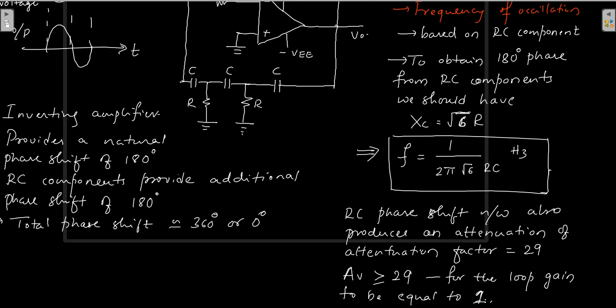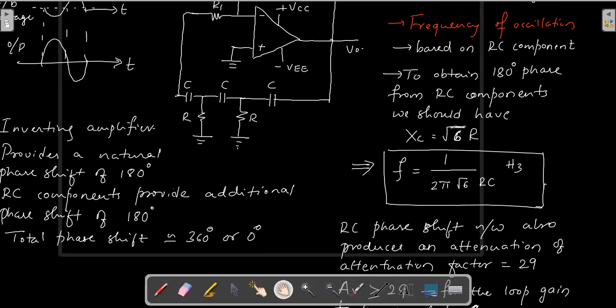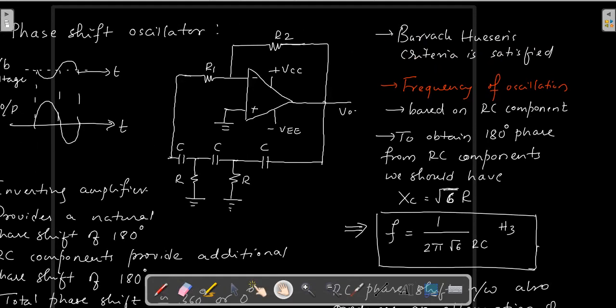Otherwise, the very attenuation which this circuit develops will not allow the loop gain to become equal to 1. This is another important condition, and it can be fulfilled by taking suitable values of R2 and R1. Your R2 should be at least 29 times R1, then your total gain will be equal to 29.